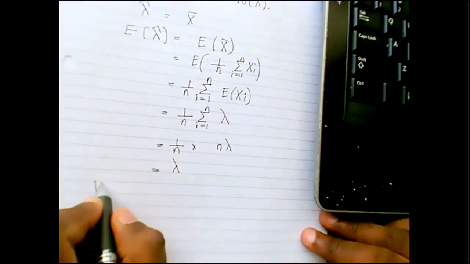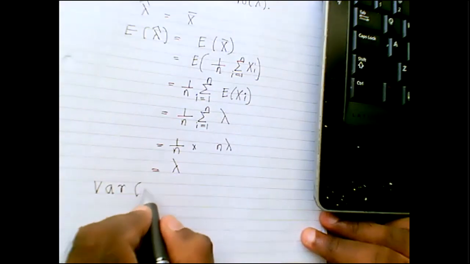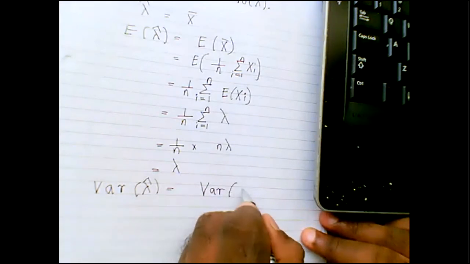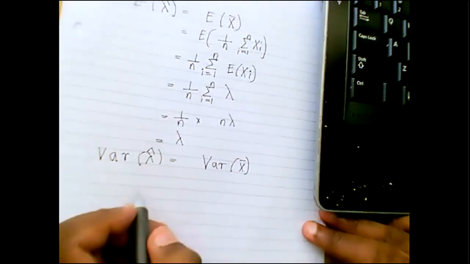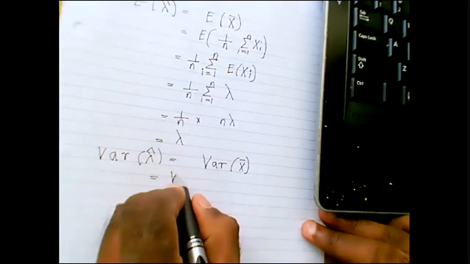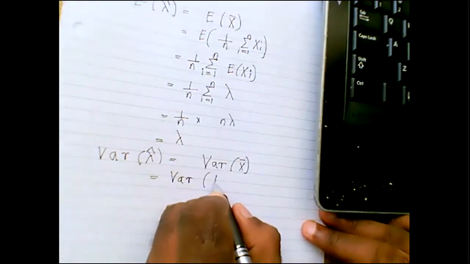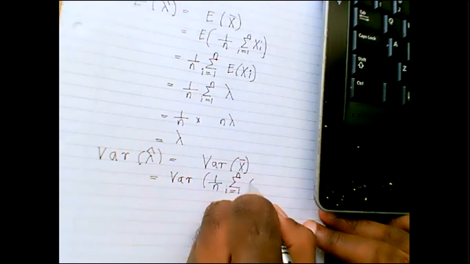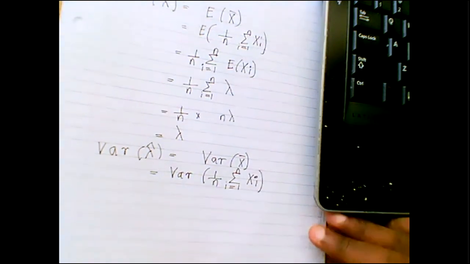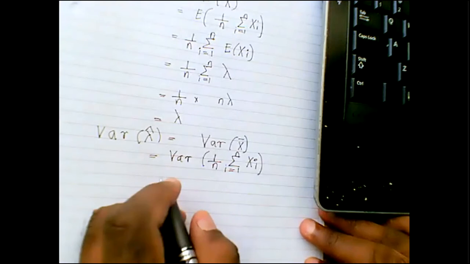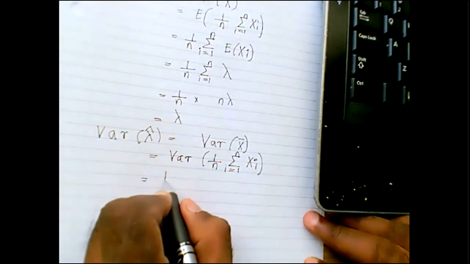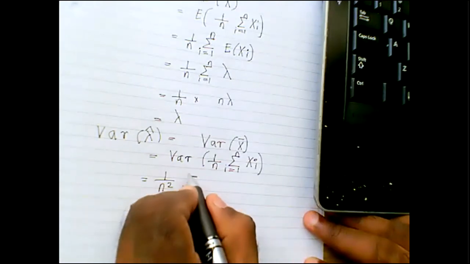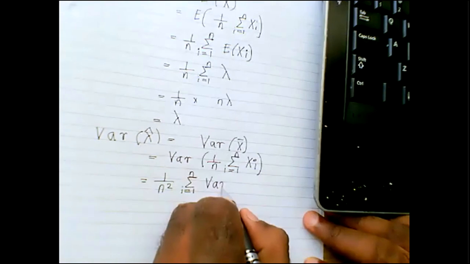And similarly, you can find the variance. To find the variance of lambda hat, you say variance of x bar, which is the variance of 1 over n times the sum of xi. If you take the n outside, it becomes 1 over n squared times the sum of the variance of xi.